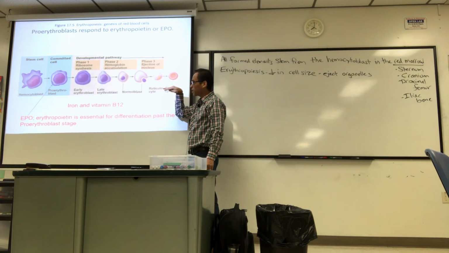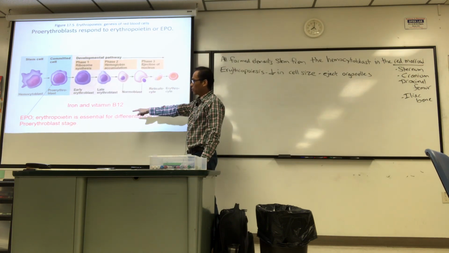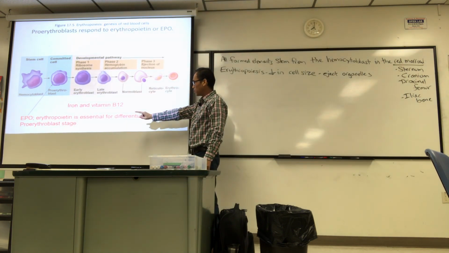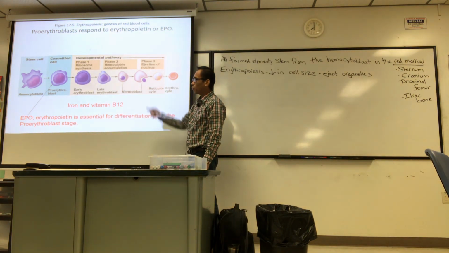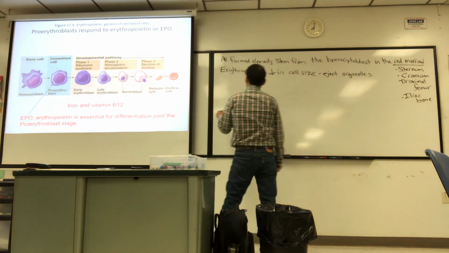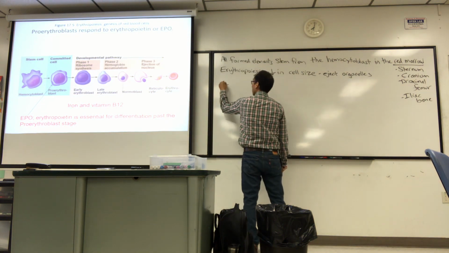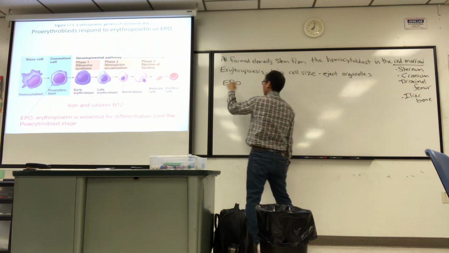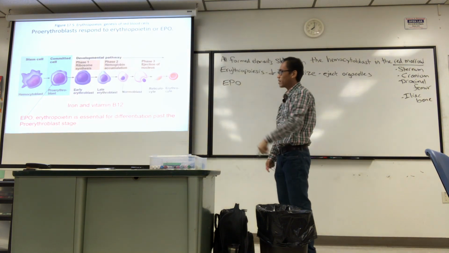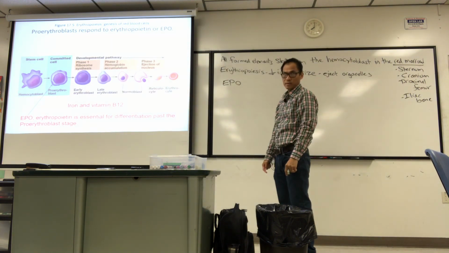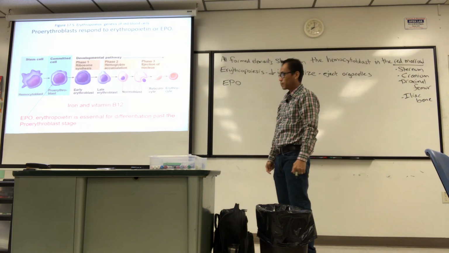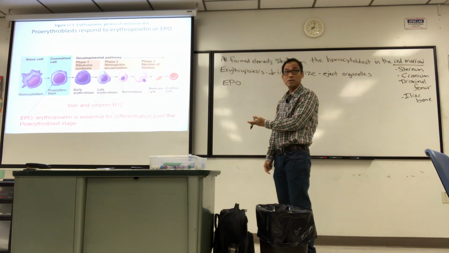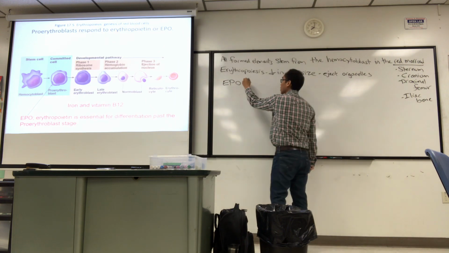Okay, well, let's go through this. You need erythropoietin, EPO, to differentiate past this proerythroblast stage. That's worth noting. The EPO is super important. Now, I almost never write it out. So if you need to write it out to know what it's called, do it. I always just call it EPO, erythropoietin. Okay. It comes from the kidney, actually.